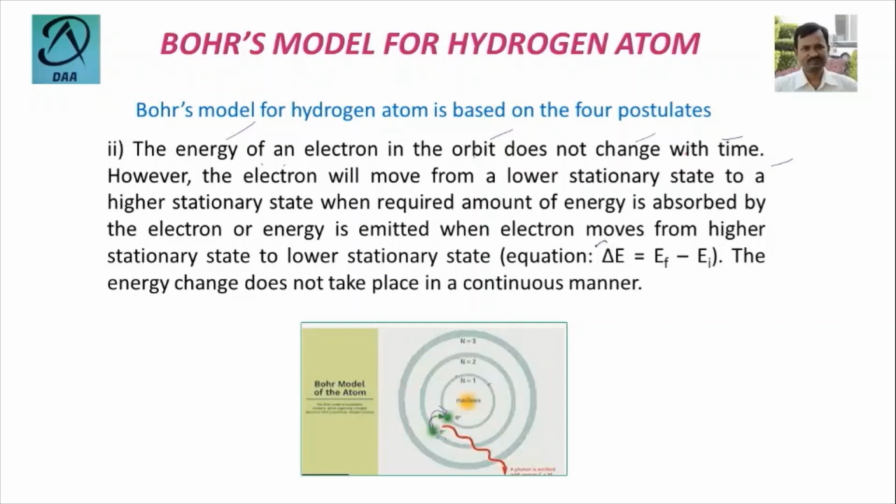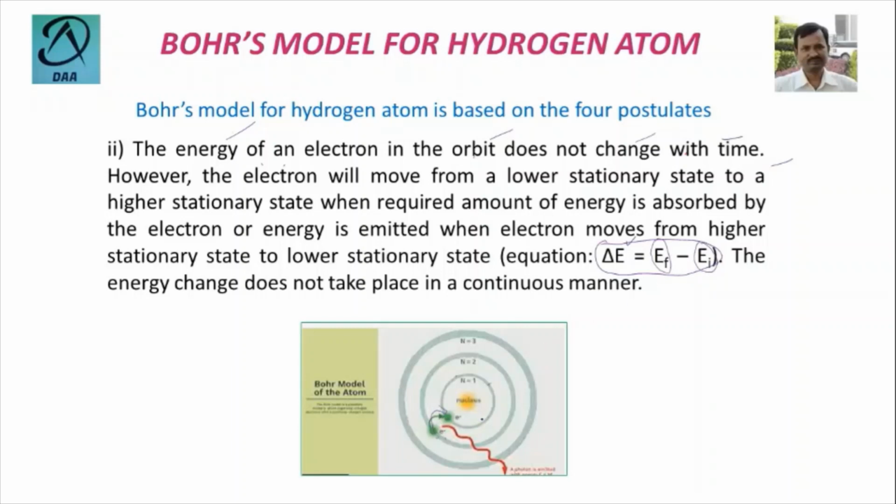The equation is delta E equals EF minus EI, that is, the energy in the final state minus the energy in the initial state.